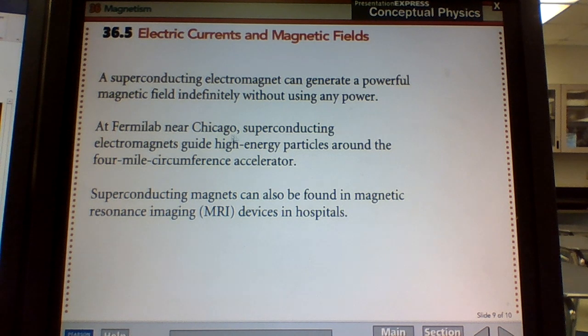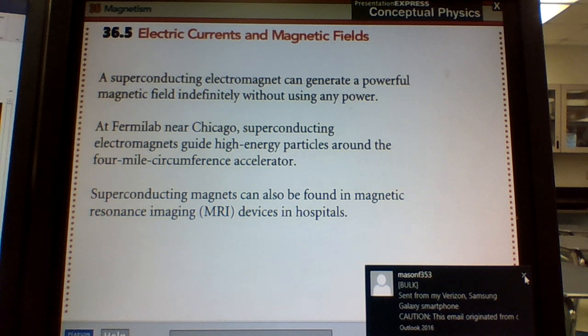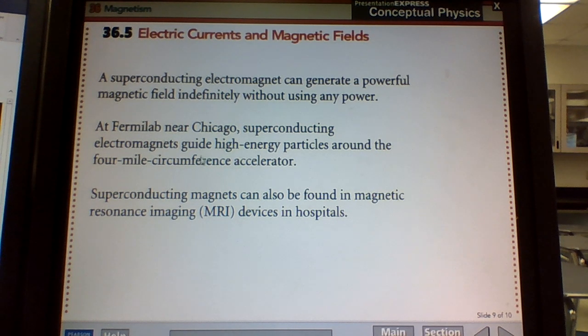But at Fermilab near Chicago, there are these superconducting electromagnets that do guide these high energy particles, these electrons and protons, around this big 4-mile circumference accelerator. And basically they slam these particles into other particles and get them to break apart.